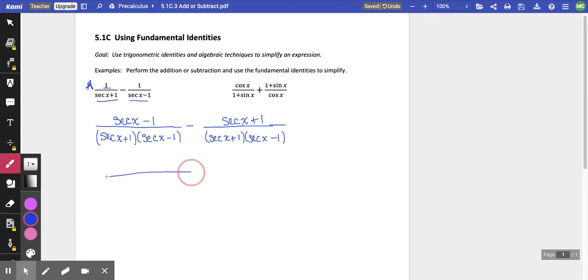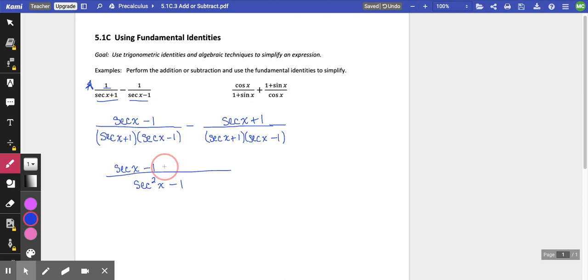So now my denominators are the same, and they are actually conjugates of one another. So I know that when I multiply conjugates together, really nice things happen. So I want to go ahead and multiply those out. So that would give me secant squared of x minus 1. For the numerators, since I am subtracting here, I have to be kind of careful.